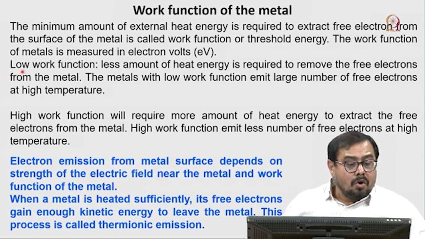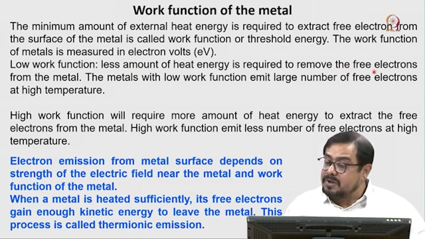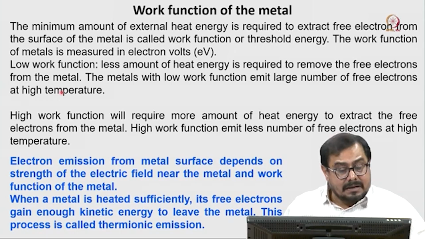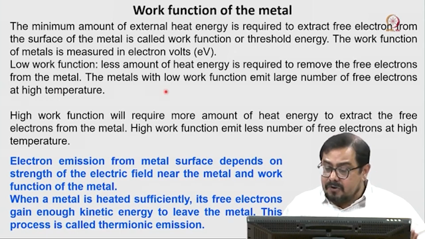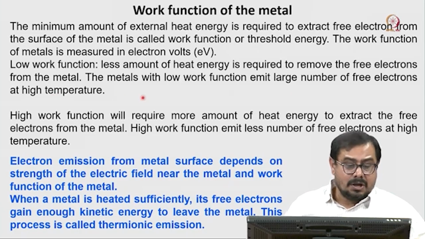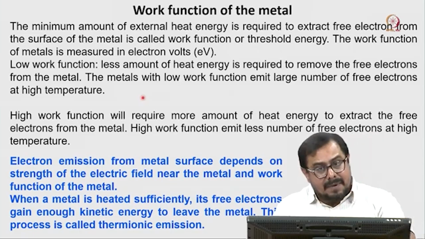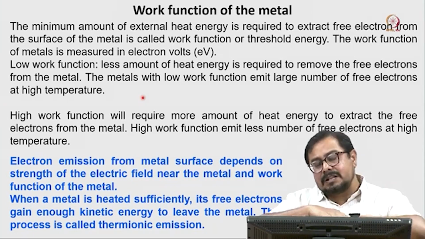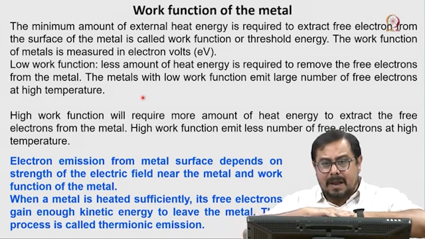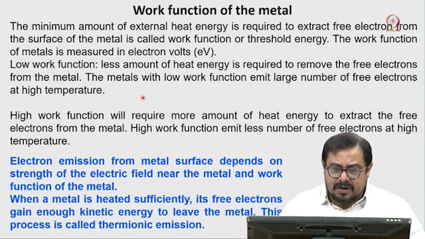Now, with a low work function, a smaller amount of heat energy is required to remove the free electrons from the metal. A metal with a low work function emits a large amount of electrons at high temperature. Some metals have loosely packed electrons, and if you give a sufficient amount of heat energy, they will release a huge amount of electrons.